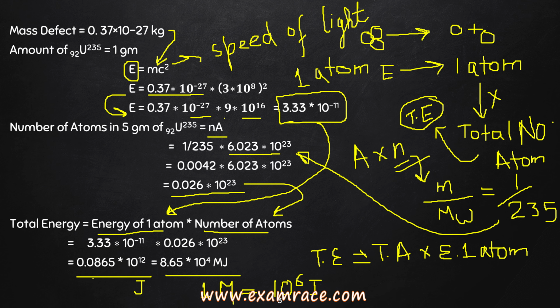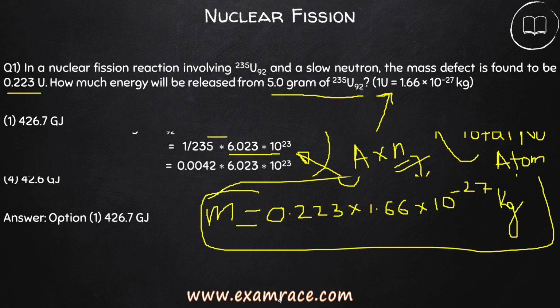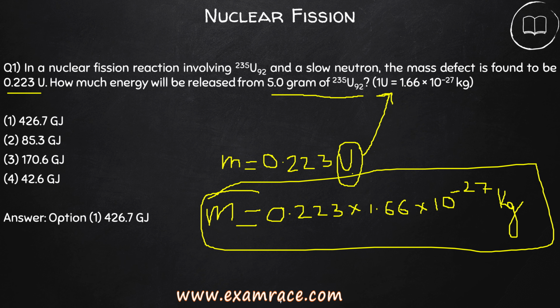So let's move on to the next question. The question is: in a nuclear fission reaction involving uranium 235 and a slow neutron, the mass defect is found to be 0.23 unit. How much energy will be released from 5 gram of uranium 235?